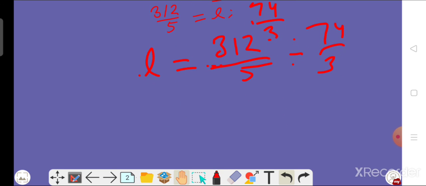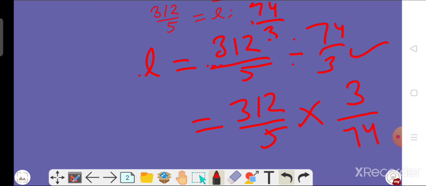Now to find the length of the field, we have to solve this division. So 312 by 5, division will become multiplication, and the denominator will become numerator, and numerator will become denominator of the second fraction. Or we can say that the divisor will be converted into its reciprocal.